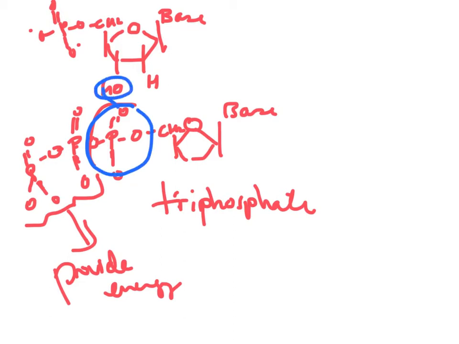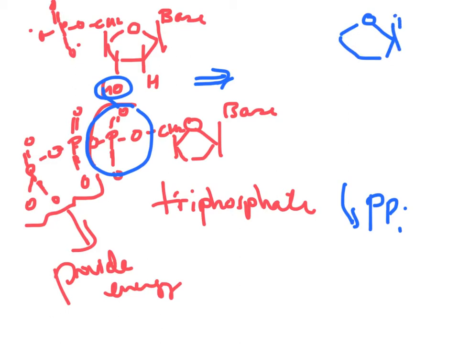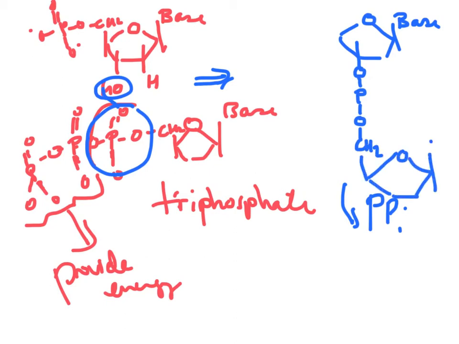So what ends up happening is that 2 phosphates will come off, PPi comes out of this reaction, and you end up with this particular linkage, O, P, O to that next CH2. That's my 5' carbon, base, right?